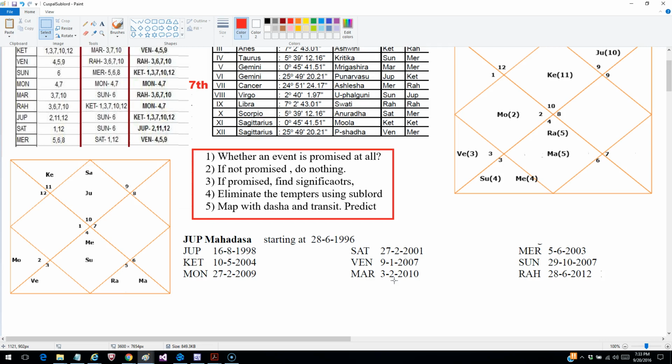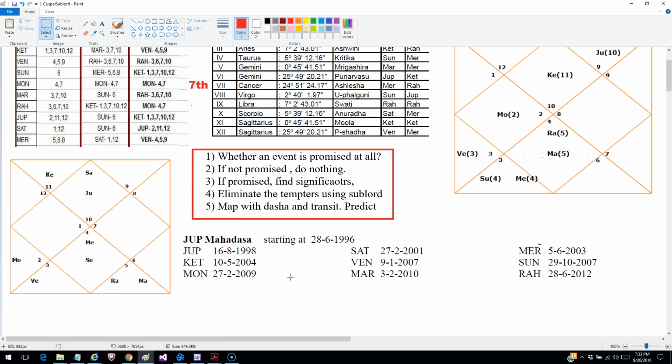But that's fine. It doesn't really matter, because President Obama became president in January 2009, and if using Krishnamurti Paddhati you said that Jupiter and Mars would be a very good period, you might say maybe March 2009 or April 2009, but that's fine.